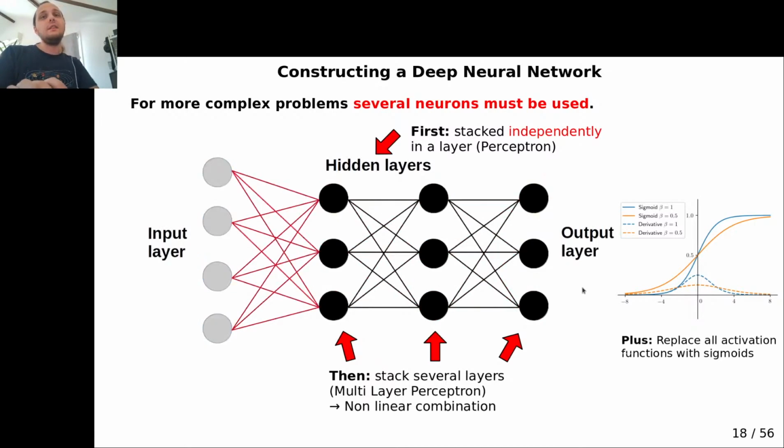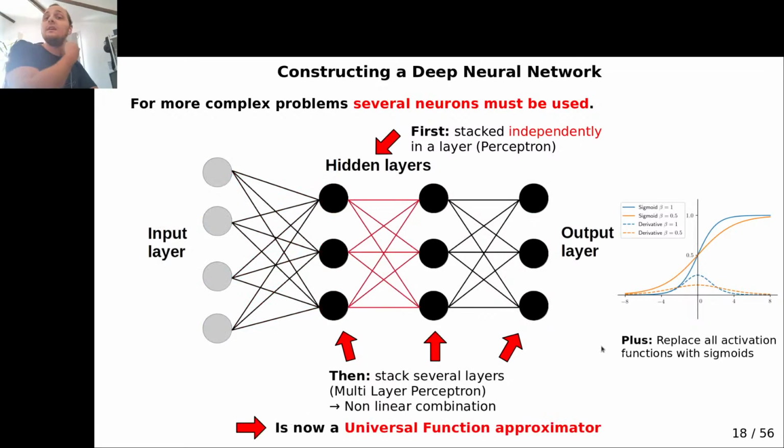And if you combine this kind of structure with a change in activation function, for example, to a sigmoid function, the objective is to have a continuous activation function that still keeps this mostly binary behavior. You can achieve nonlinear combination using such architecture.